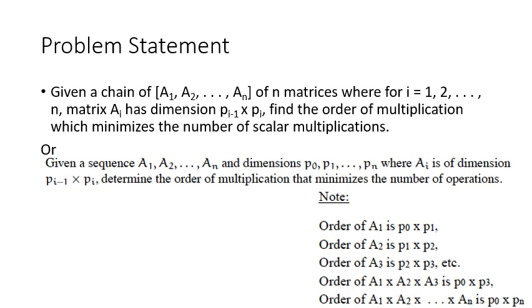That is, matrix A1 can be of dimension P0 by P1, A2 can be of dimension P1 by P2, and An can be of dimension P of n minus 1 by Pn. So we have to determine the order of multiplication that minimizes the total number of multiplications.